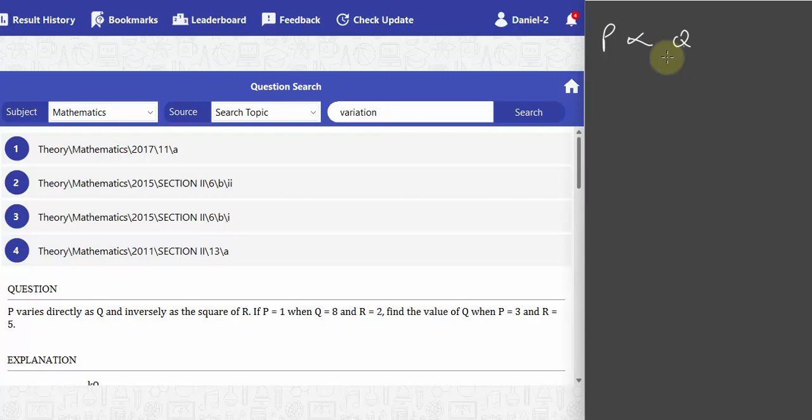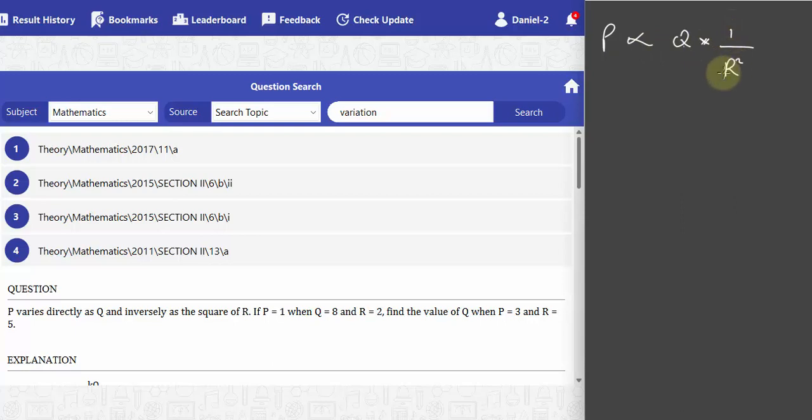And inversely as, you just say times, and in this case means times, and inversely as 1 over r squared. So why do we have 1 over r squared? Inverse means you should take the inverse of that other variable. So, and inversely as r squared.